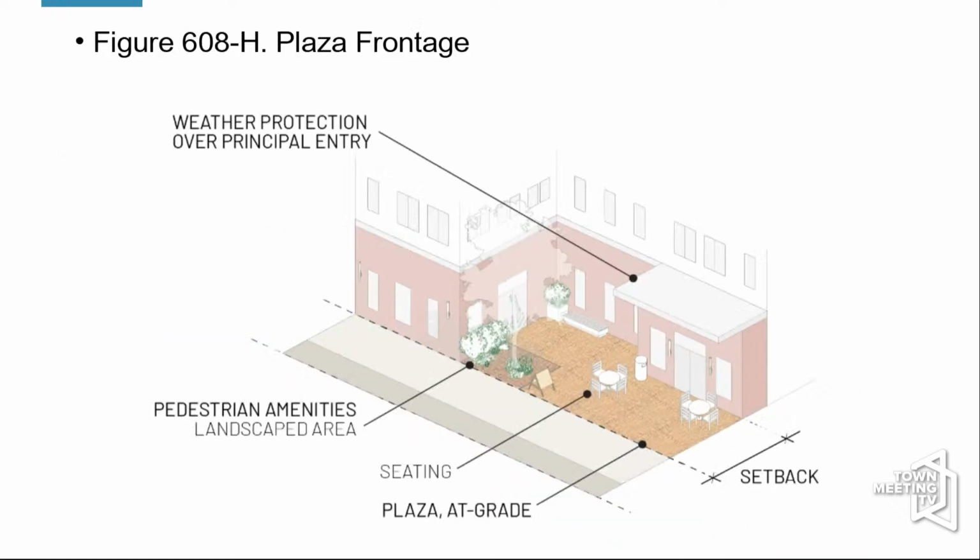For example, this is the plaza frontage, just blown up a little bit. It prescribes the type of amenities that each one would have to include. So for plaza frontages, you would need to provide some weather protection over the main entry. You would need to provide seating, pedestrian amenities, and such.